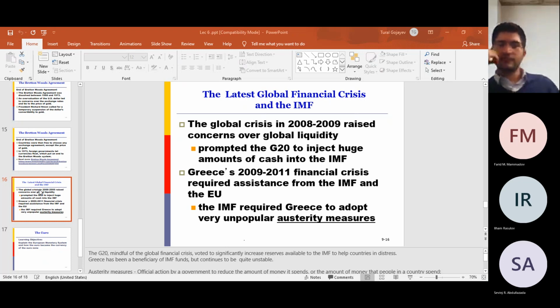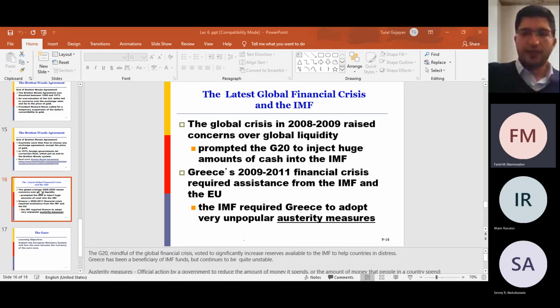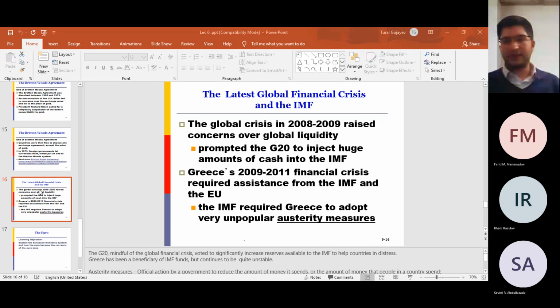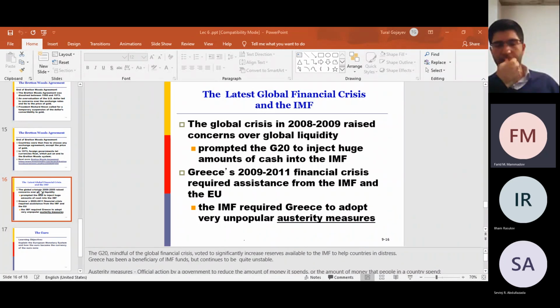Any opinion? I think it's the ability of a currency to pay something. If we can buy something with that money, then that money is considered liquid.